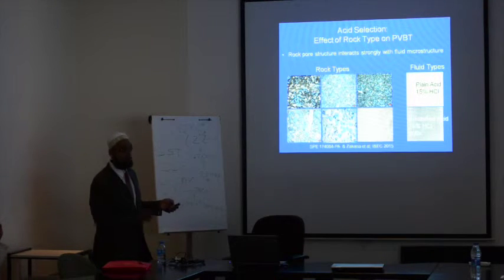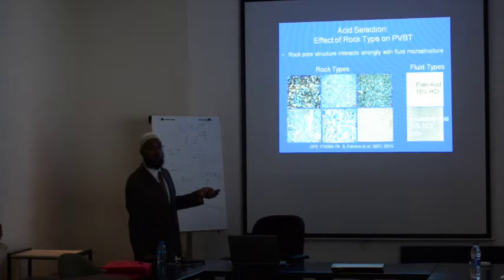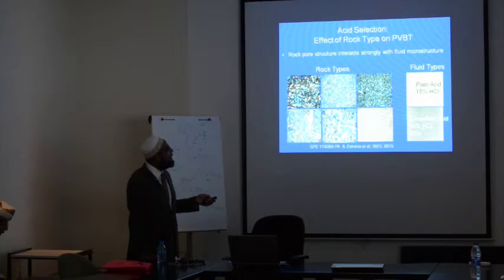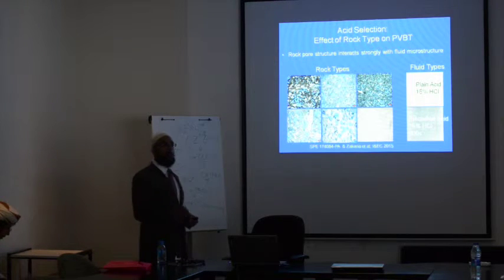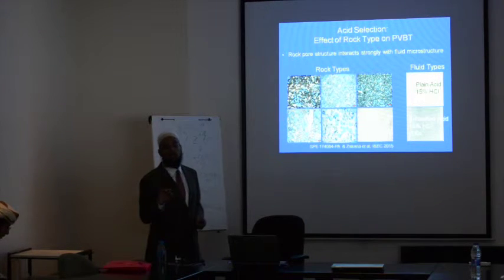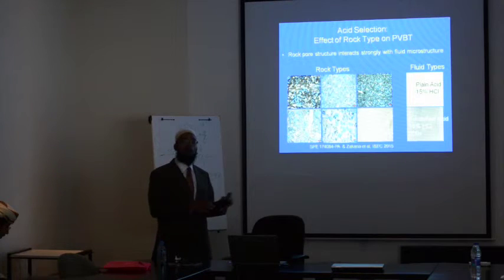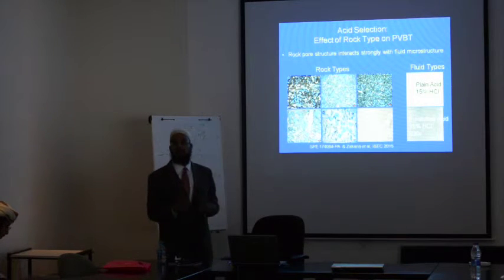Now, this is your rock pore structure, and I've also shown some fluid structures here. So plain acid, if you look under a microscope, still looks plain, right? This is why it's called plain. But here is emulsified acid at 200 times the resolution. What you see here are the droplets of acid. These droplets are about 10 microns, going from 6 microns to 12 microns, about 10 microns.